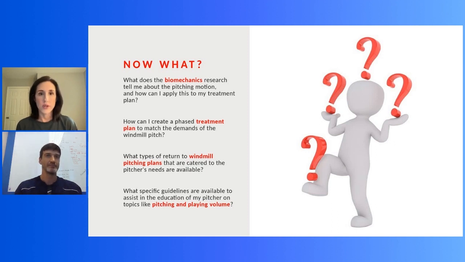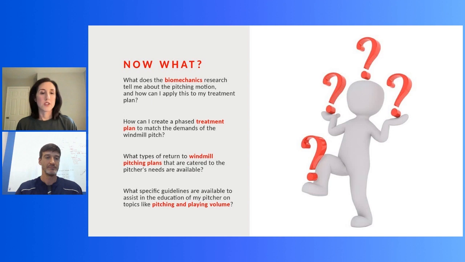Because even though it is a unique motion, there are some specific concepts that can be easily integrated into the clinic. Again, thinking about that phased approach, if we're thinking backwards to when we do clear our athlete to return to sport and then gradually work up to that, think backwards, think about how can I grade and phase my treatment approach to make sure that we're giving them the best opportunity to meet the demands of their sport.